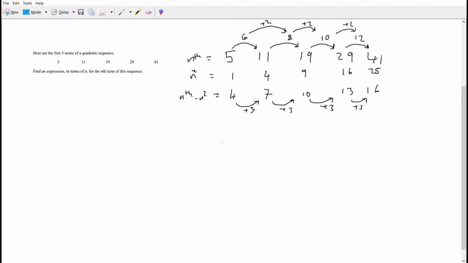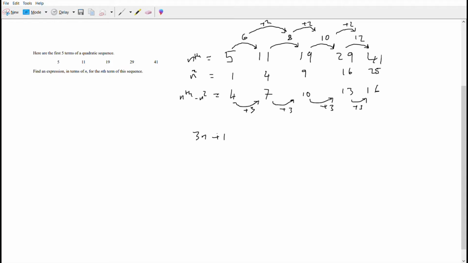Okay, and then what do we do after that? You should be able to calculate this yourself because of previous examples, but for those who don't know, we're going to have 3n, because the difference between each term is 3, and then plus 1, because if we put 1 into the equation, it will give us 3, but the first term is actually 4.